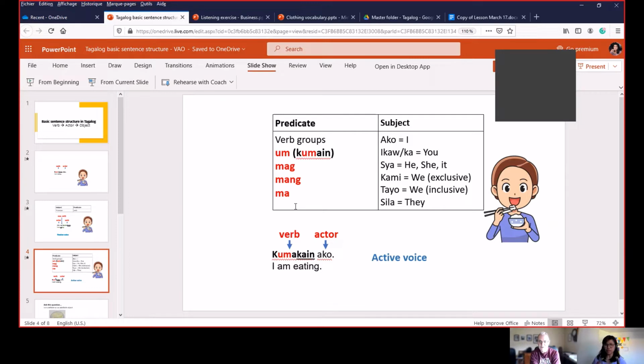So now that we have the verb, kumakain, we have to know where to pick the actor. And same thing, here we don't have an object. So the rule is that we pick the actor from this group here, the subject pronoun group: ako, ikaw, ka, siya, kami, tayo, sila.